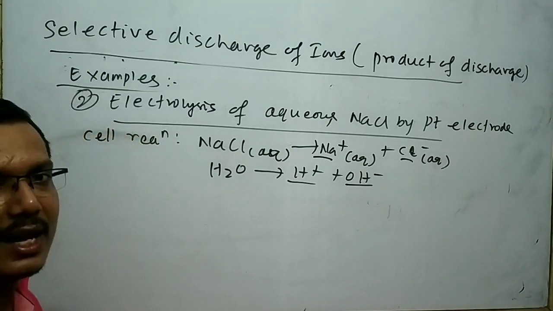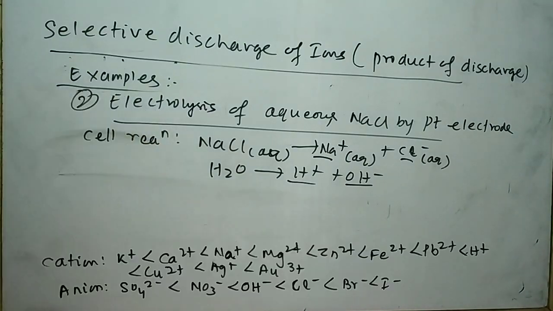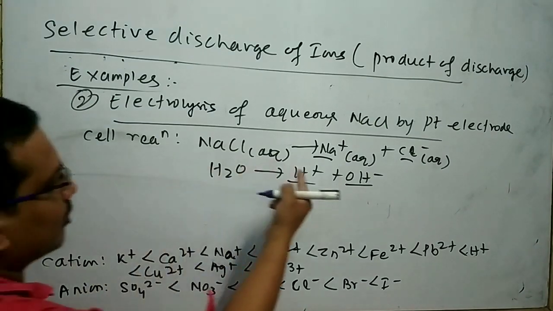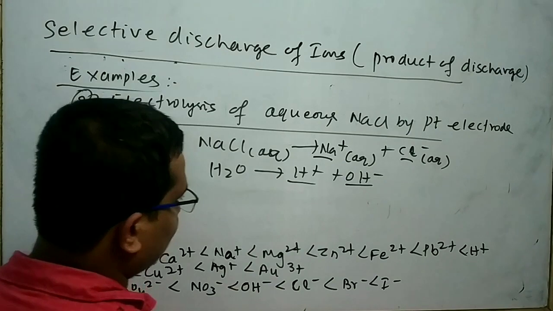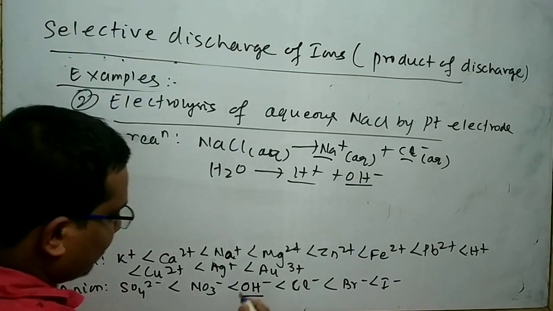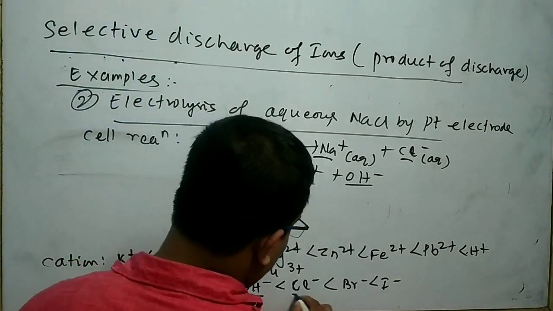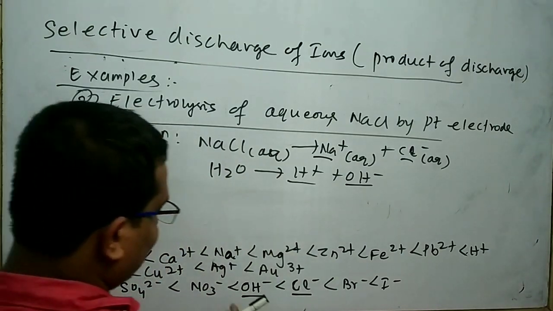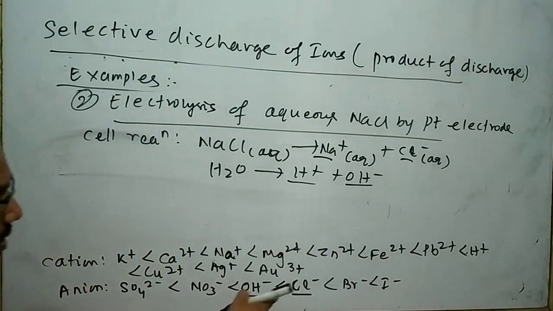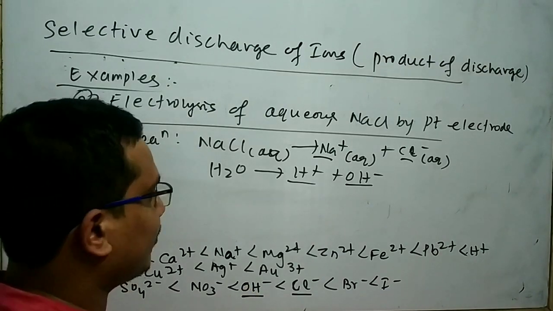Next I will apply the discharge potential. Remember this order: this is the order for cations, this is the order for anions. Now I will apply the anion order to this example. Here OH⁻ is present, and Cl⁻ is present. Cl⁻ discharges first according to the order, because Cl⁻ has the least discharge potential.